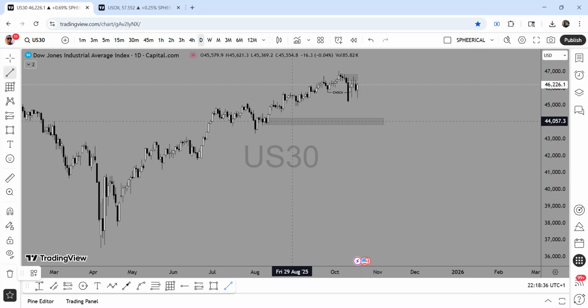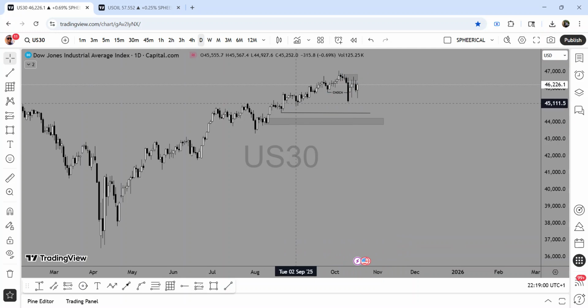So let's just mark out this liquidity point because it's a draw on liquidity. This liquidity, the market will be targeting to sweep it. So I'll mark it out too. So we have gotten a clear direction of where the market is going, because there's no more point of interest here. This one has been mitigated.